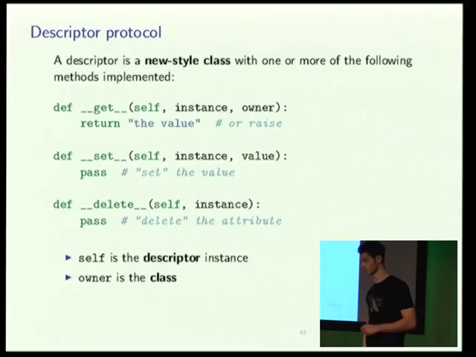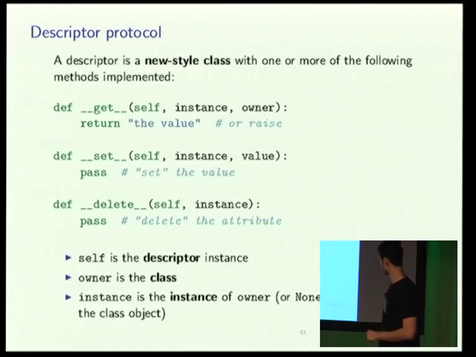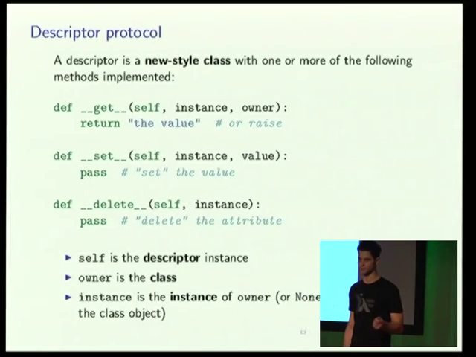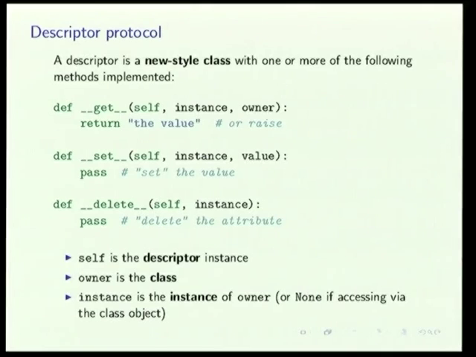So it's not the descriptor class. And instance is an instance of owner. However, if you're using __get__ to access that attribute on the class object that's using the descriptors, rather than an instance of the class, then you're not dealing with an instance. In that case, the instance is going to be None.